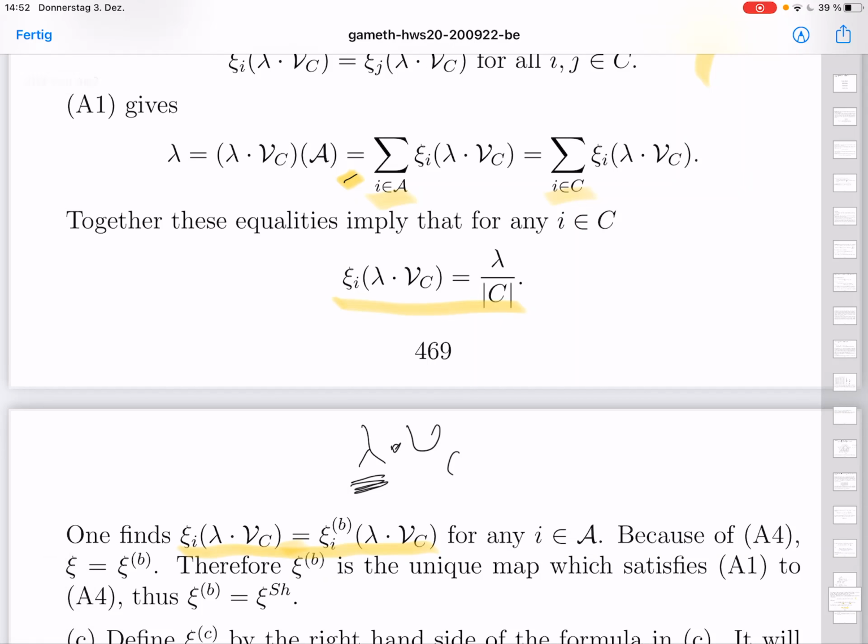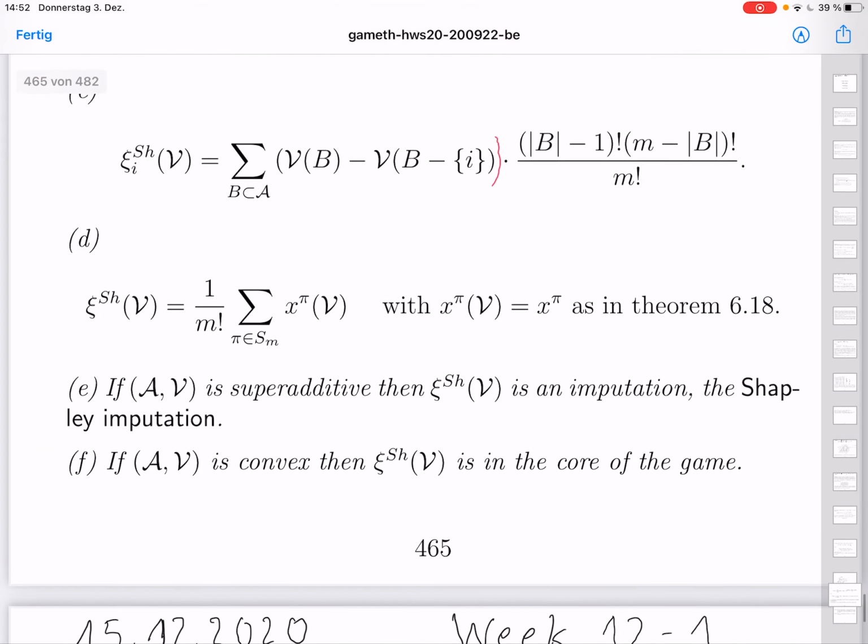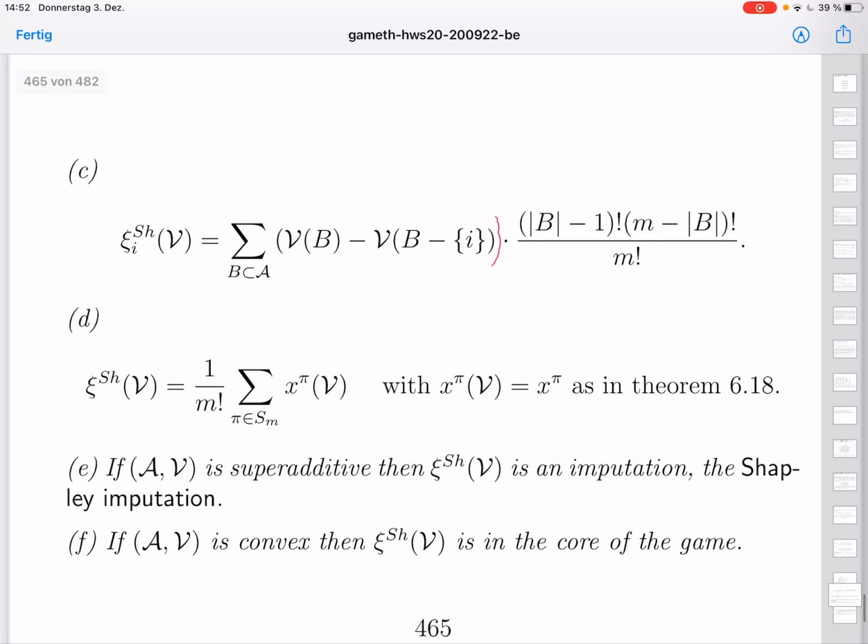Now I want to come to part C. Now I first show the statement. Here we have the statements of C, D, E, F. So part C was this explicit formula in terms of a weighted sum of differences of values of the collision valuation.